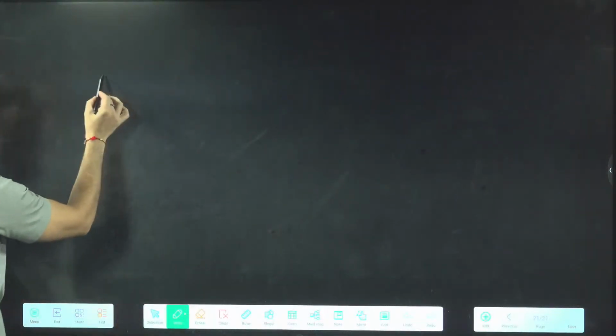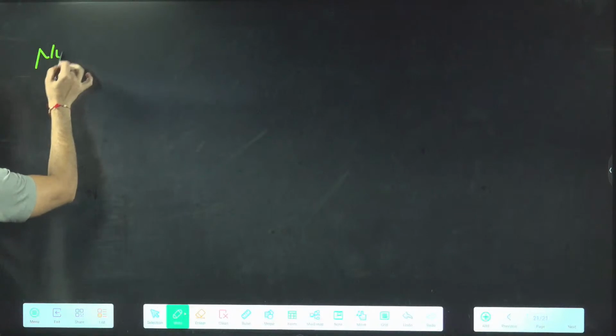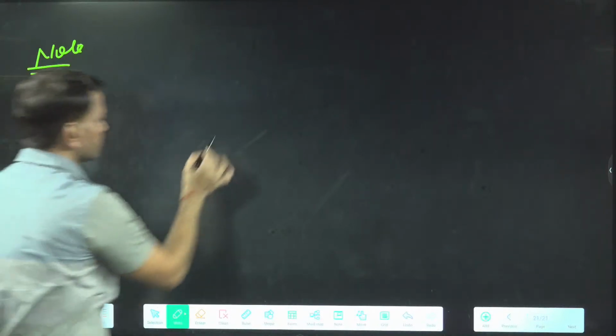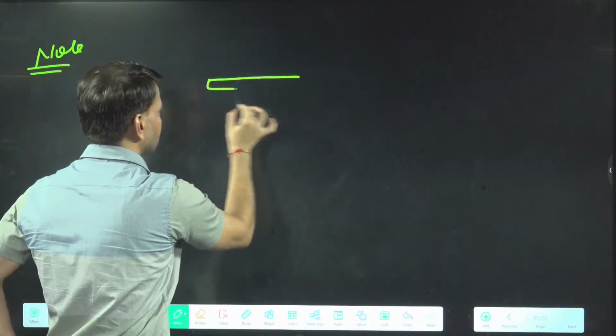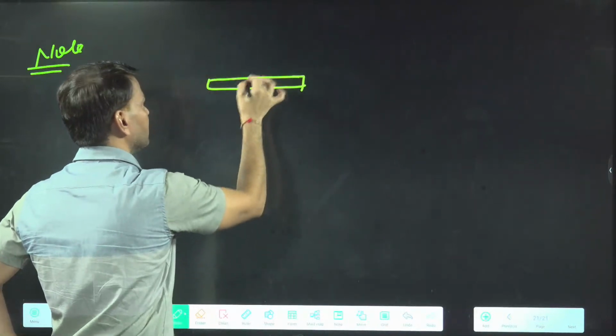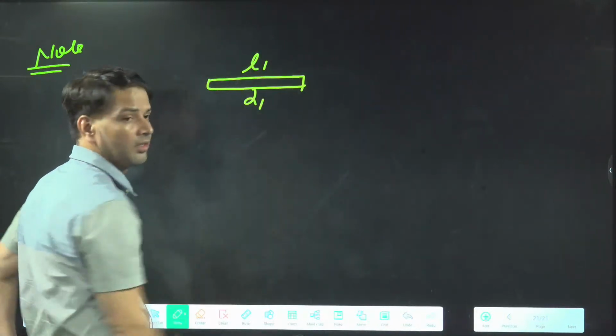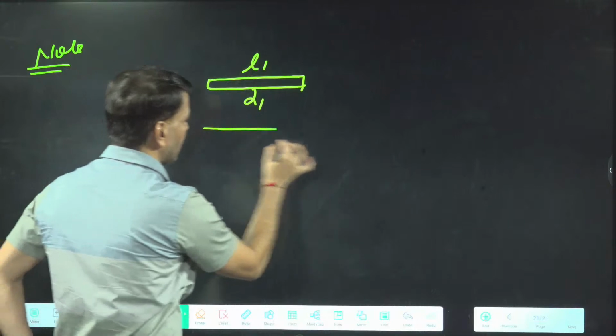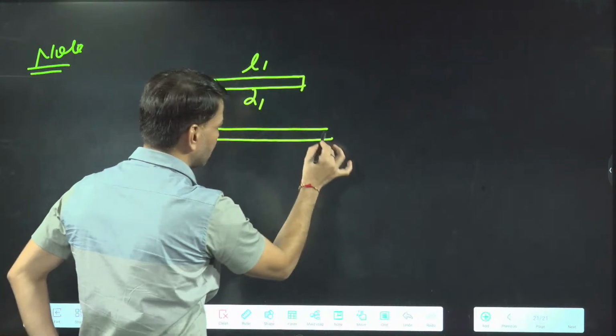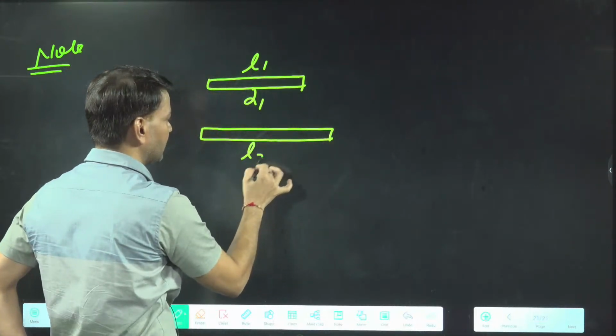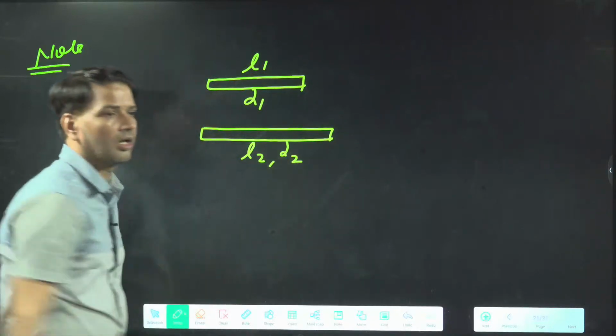Okay, now next thing is what? That already they asked the question based on this concept. Suppose I have two rods. One has the length L1 and it is made of material alpha 1. Other rod, its length is L2 and it is made of material alpha 2.